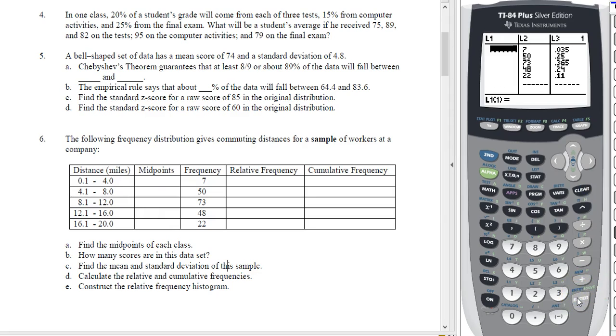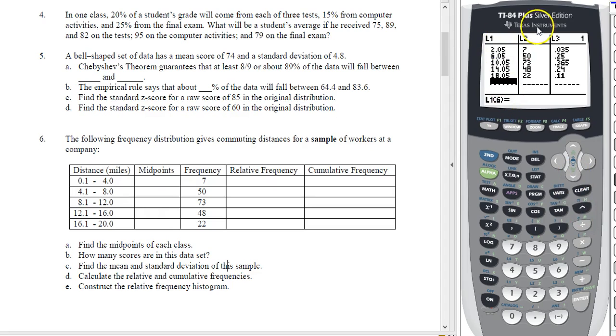Those midpoints, if you remember, were 2.05, middle of the first class, 6.05, 10.05, 14.05, and 18.05. Where did I get 20? All right, so double check.